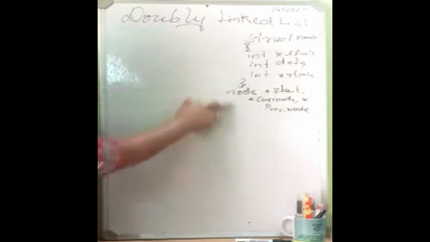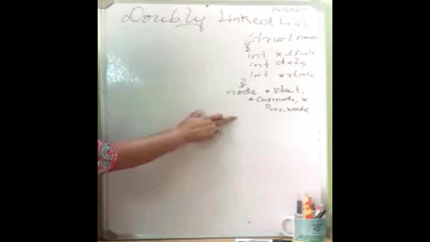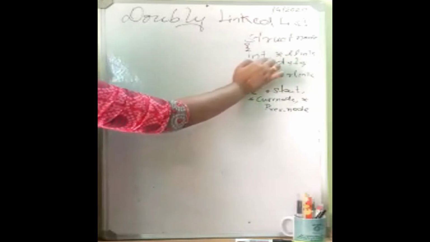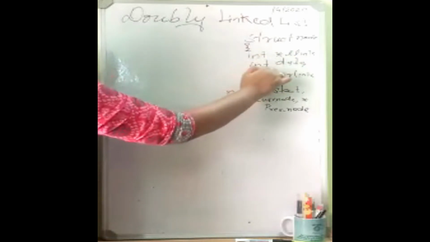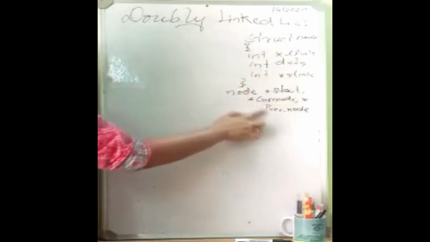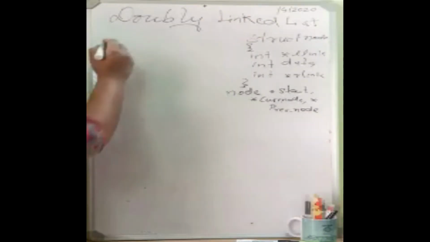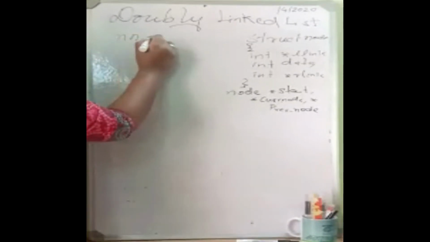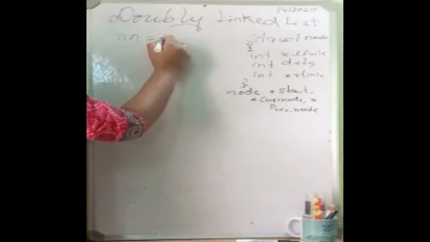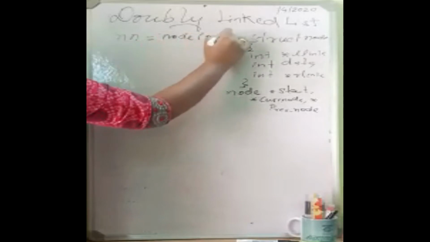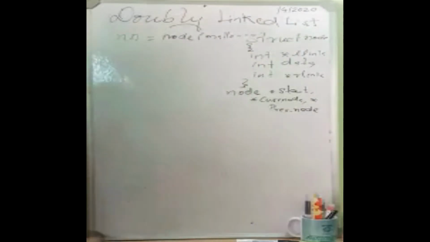Can you follow this? In a single linked list, we used only int link and int data. The other objects are the same, am I right? Correct? Now, the new node will be created using malloc, like this.